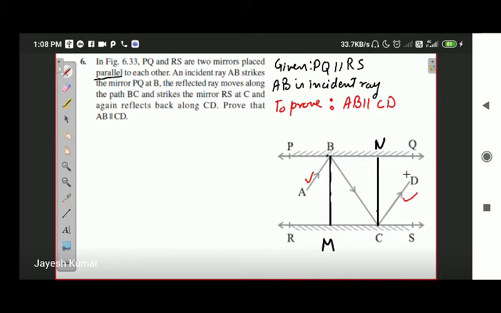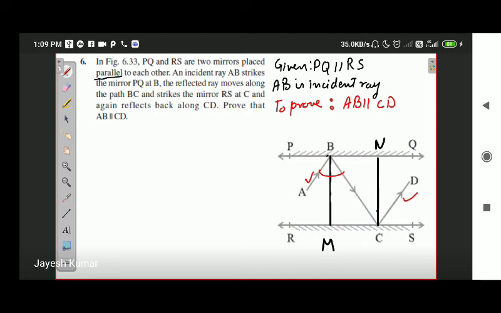We either prove that corresponding angles are equal, or that alternate interior angles are equal, or that co-interior angles are supplementary. If any one of these is proved correctly, then both lines are parallel to each other. We are going to apply the same procedure here. I'm going to prove that angle ABC and angle BCD are equal. If these angles become equal, then the lines are parallel.